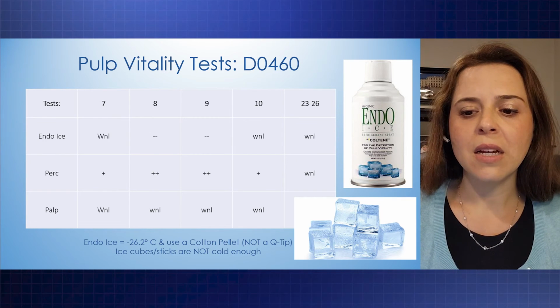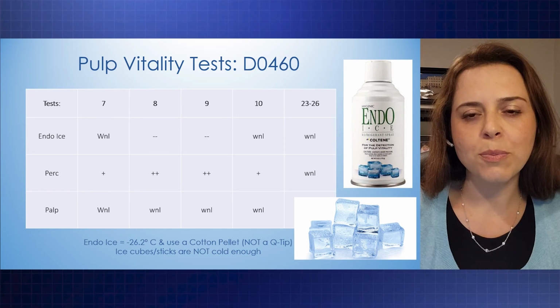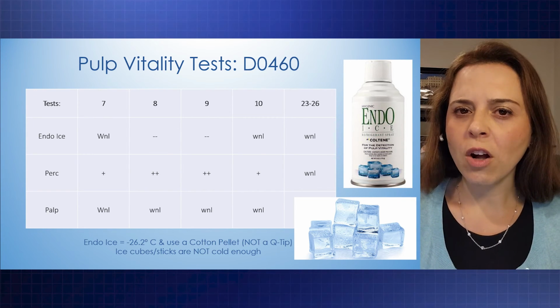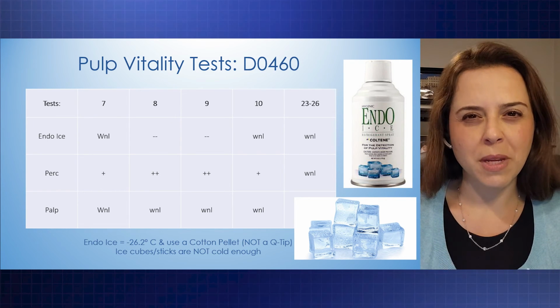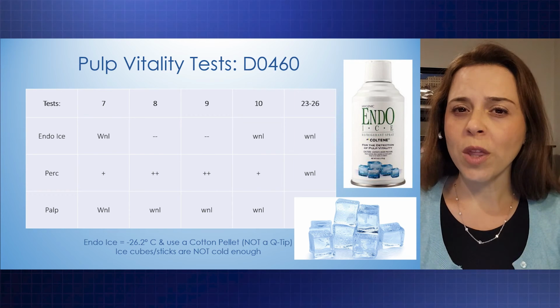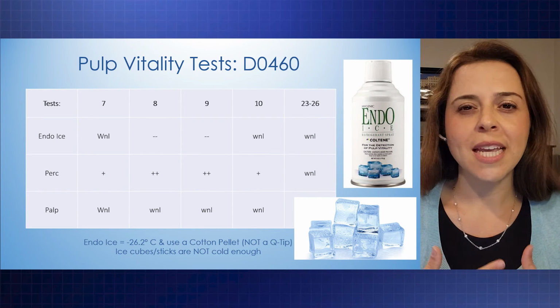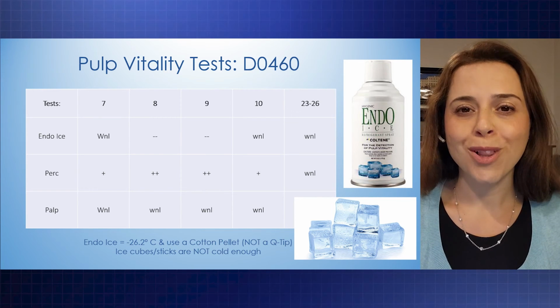Remember, please, that ice cubes are not cold enough, so please use a refrigerant spray like endo ice when you are pulp testing. What I also do on kids is I do a lot of fake tests to make sure they're being accurate historians. With children also, I like to test their fingernail first so that they get a sense of the cold sensation and they're not too alarmed by it.